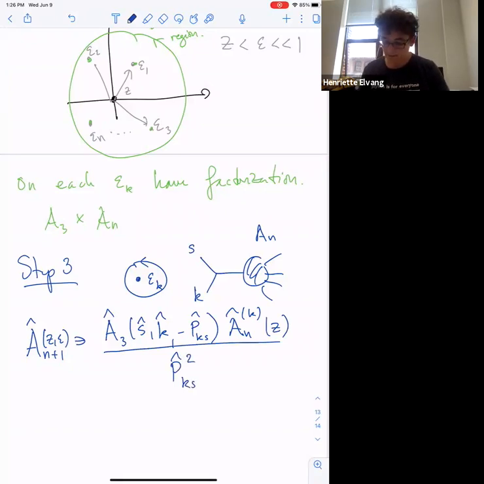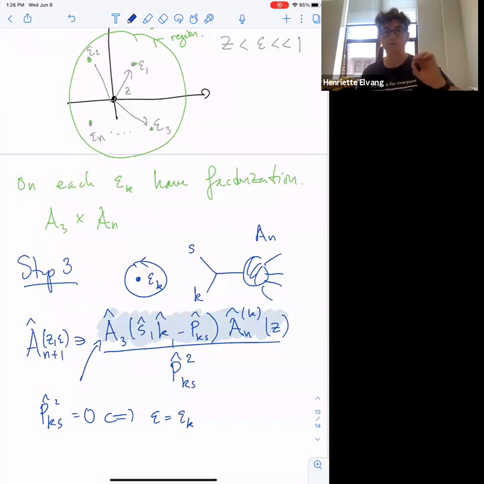And this must be then divided by pks squared. And here in the numerator, up here, in order to write this, I must have taken pk on shell. So in this expression, pks squared is taken to be on shell, which is equivalent to saying that epsilon is epsilon k. So I basically pick up the one contribution to the amplitude that has this vector adjacent channel, and I pick it up uniquely.